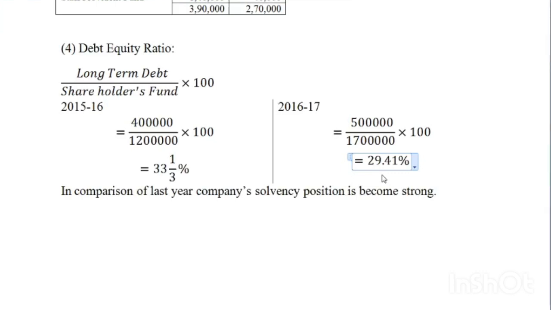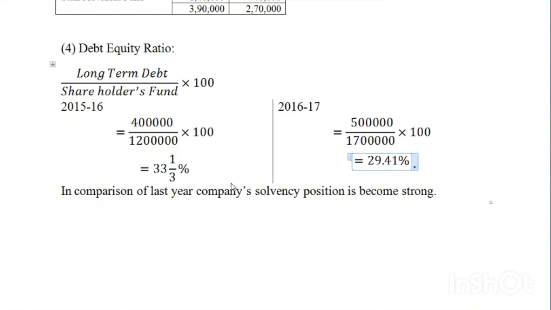Okay, so the proportion or share of owners and creditors or money providers, the ratio, decreases. So it makes the company's solvency position strong.